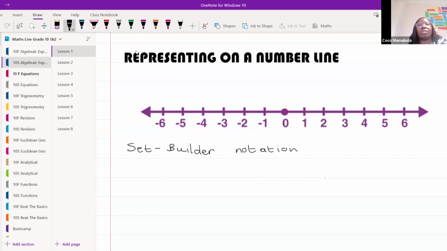All right, please give me the set builder notation for what I've put on the screen. You've got 1 minute, pop your favorite emoji when you're done.